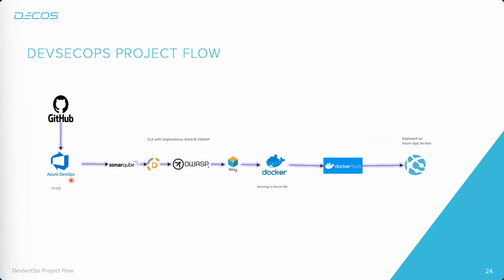Then we have used Azure DevOps as the CI/CD tool, and SonarQube will do the code quality check. Then we have Dependency Check to check the dependencies, third-party libraries. Then we have Trivy to scan the code. Again, Docker is used to build the image and push it to the Docker Hub. And finally, the same application gets deployed over Azure App Service.